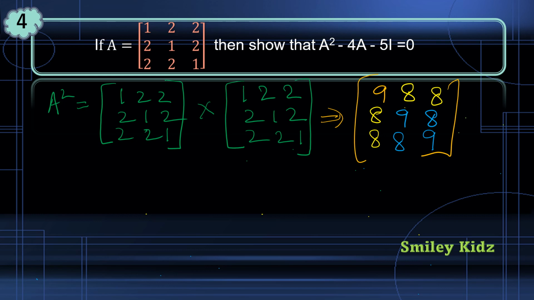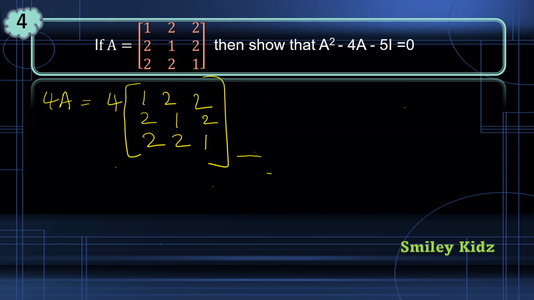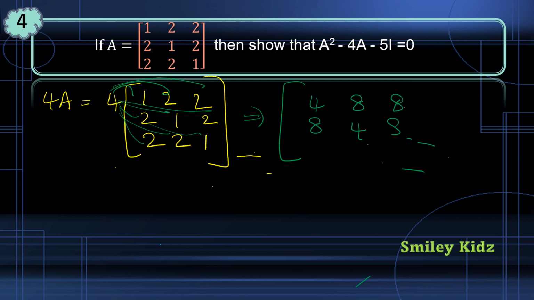Now let's quickly find out 4A. Now 4A will be equal to 4 into matrix A. That means 4 is going to be multiplied with every element in the matrix. What will this be equal to? 4, 8, 8, 8, 4, 8, 8, 8, 4.